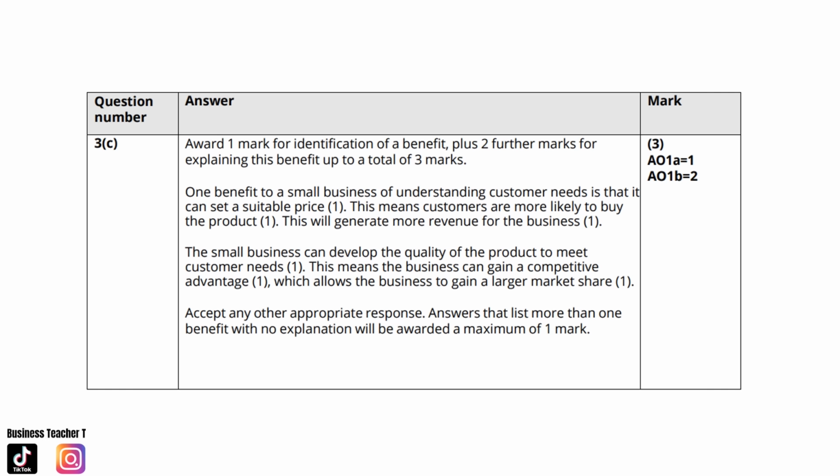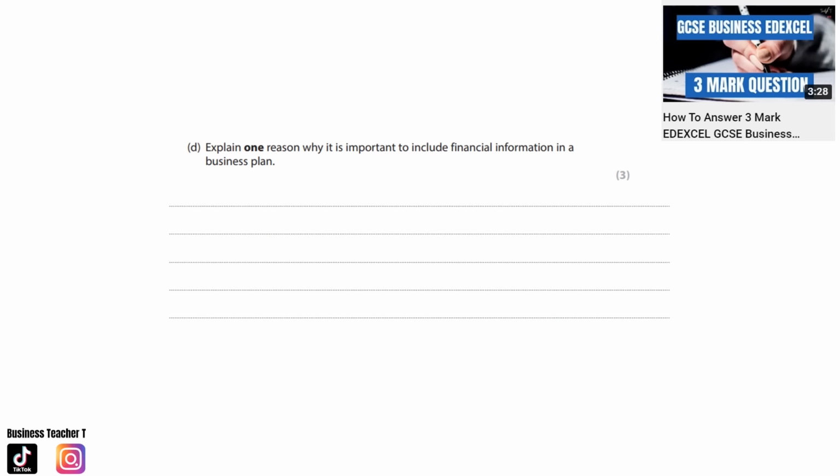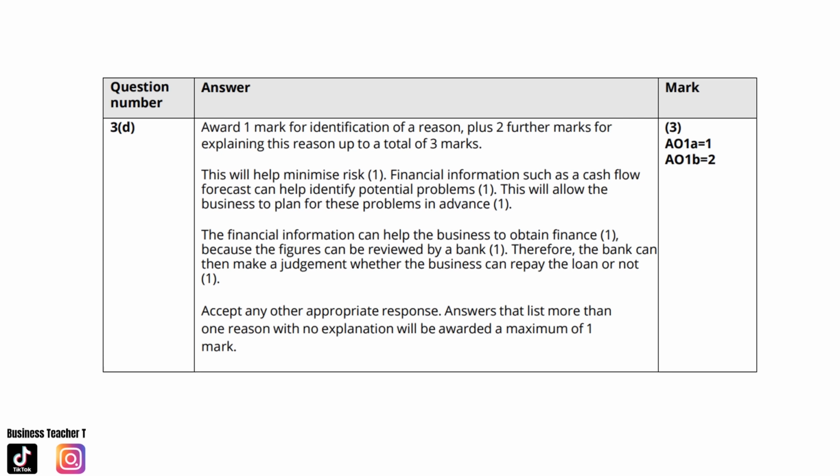Let's move on. Our final 3-mark question in the paper. Explain one reason why it is important to include financial information in a business plan. Give it a go. You could have written, this will help minimize risk. Financial information such as a cash flow forecast can help identify potential problems.